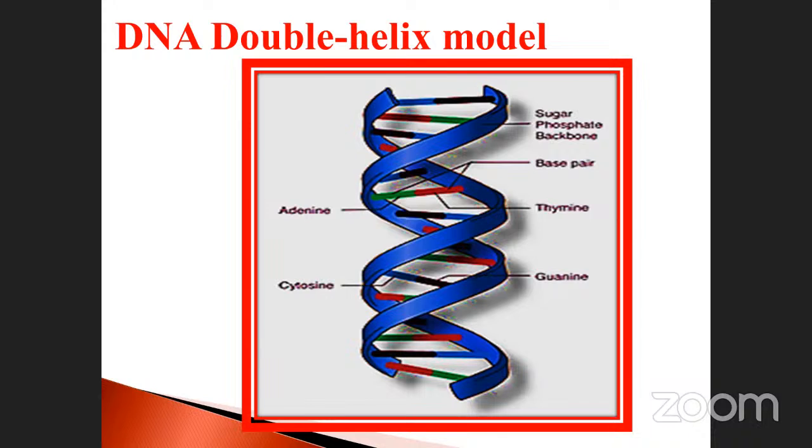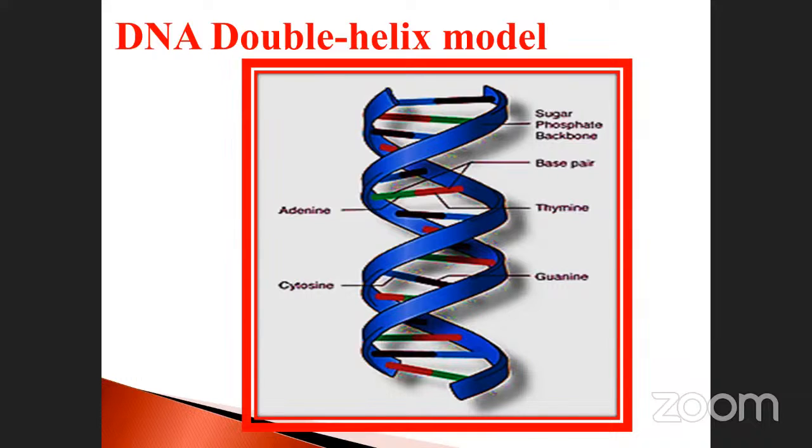Already we discussed, a nucleotide has three components: a sugar molecule, a nitrogen base, and a phosphate. In this structure, the sugar and phosphate act as a backbone because they always occupy the outer layer.